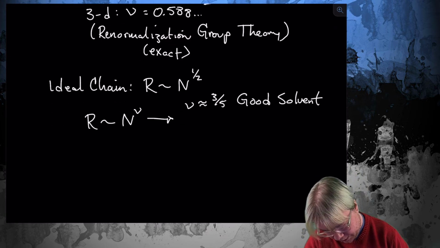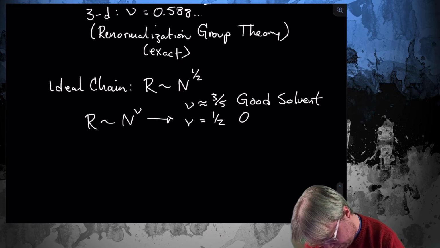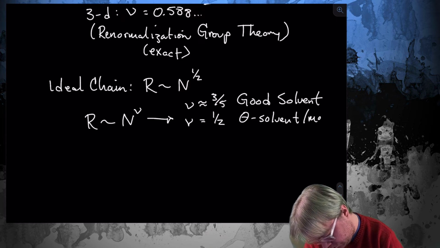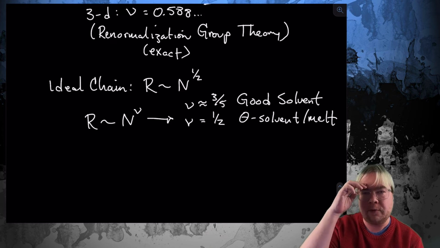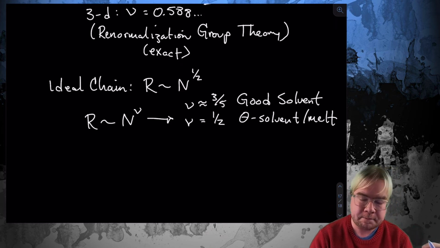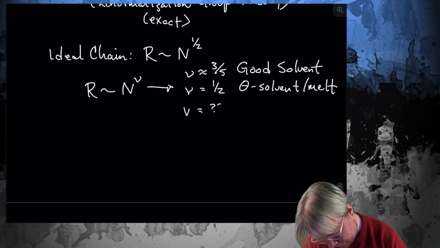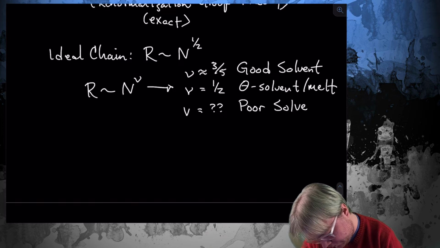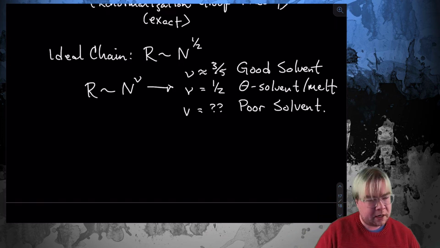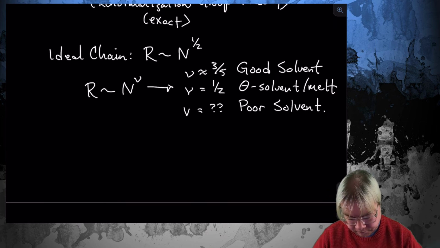Nu is going to be 1/2 in a theta solvent, or a polymer melt of ideal chains, so just a system where you only have that polymer, a block of molten plastic. And nu is going to be something else if it's in a poor solvent. And we'll talk about what that something else is. Okay, so that's the Flory theory.